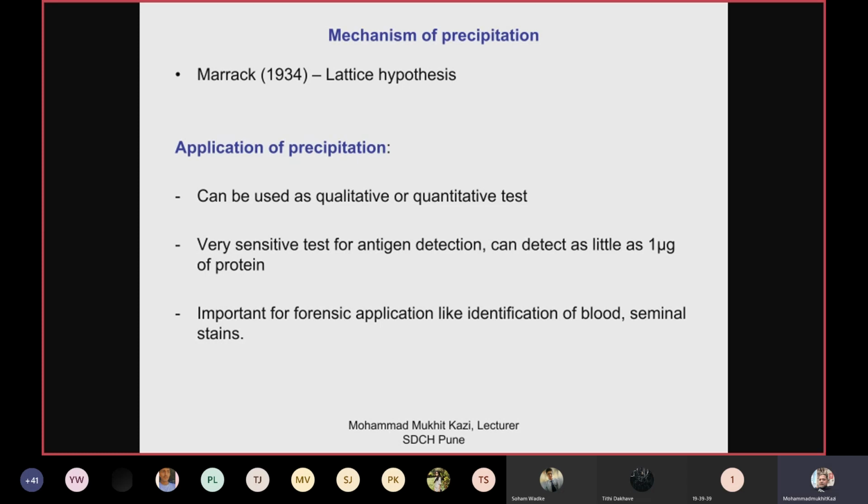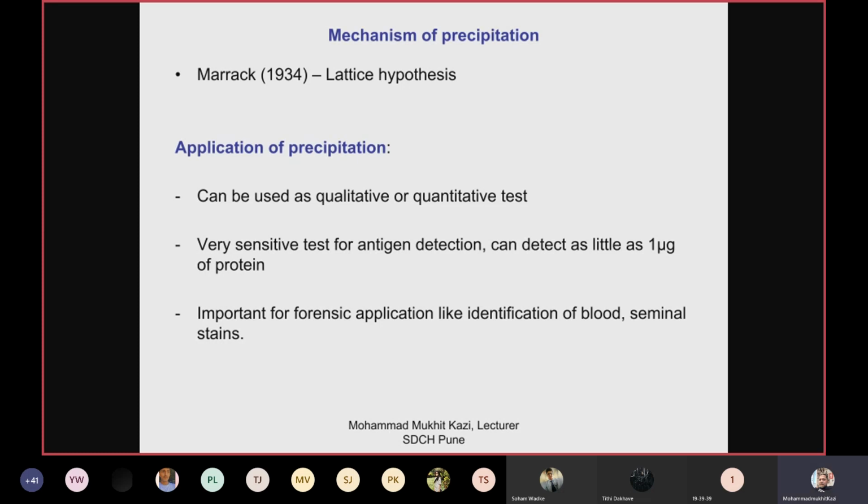What is the mechanism of precipitation reaction? Marrack gave this concept of lattice hypothesis, which we studied in the previous slide. Antigen and antibody must be in proportion so that the antigen-antibody complex will be formed.